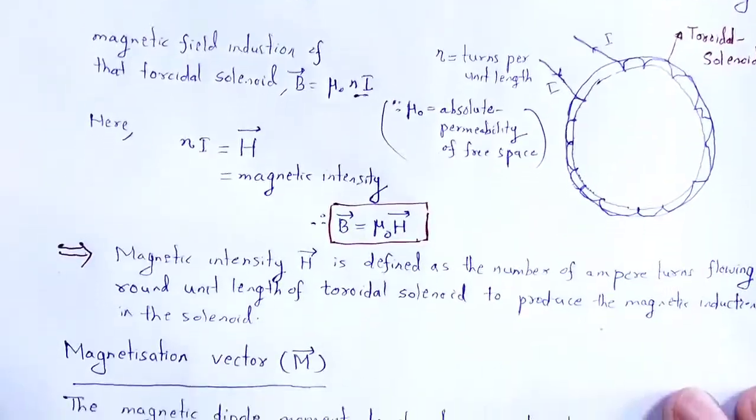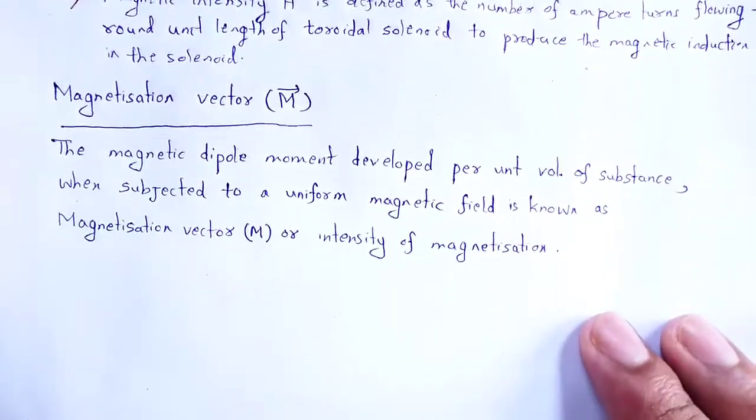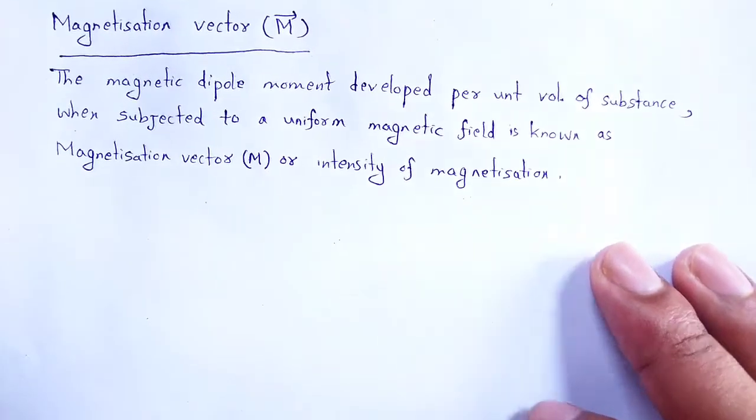Next one, the third magnetic vector, that is magnetization vector, M vector.